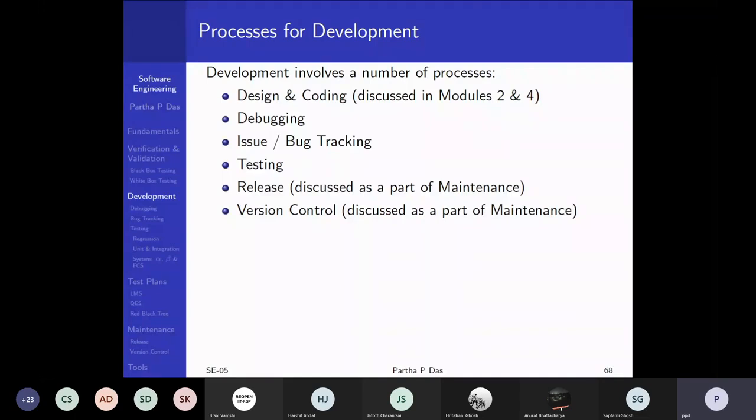Next is the release. Once your software is ready to a certain level, which depends on the life cycle again, what do you need to do to release that software? How do you number that software? Version control will mean that you have unique numbering for every release that you have made.